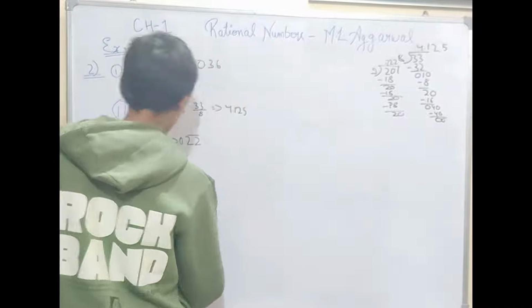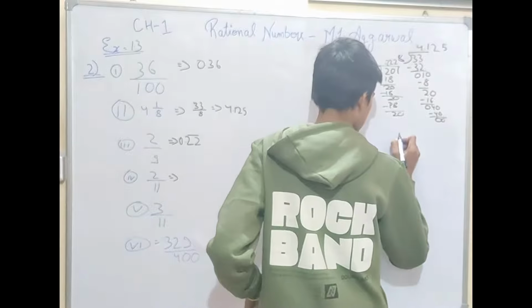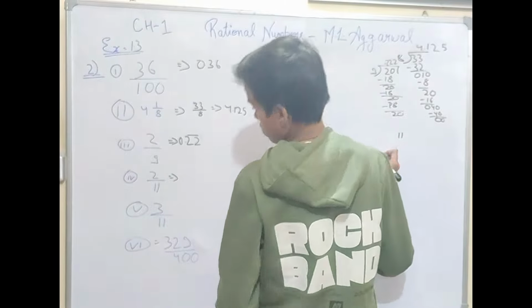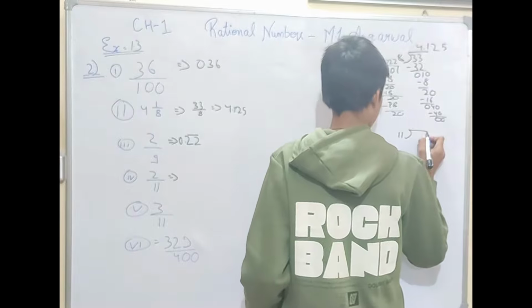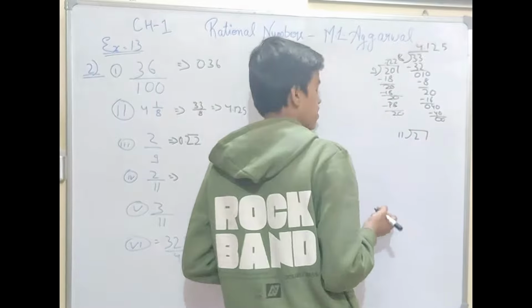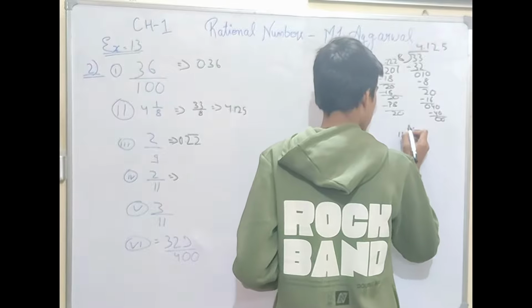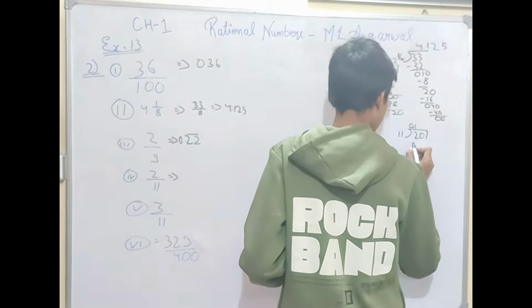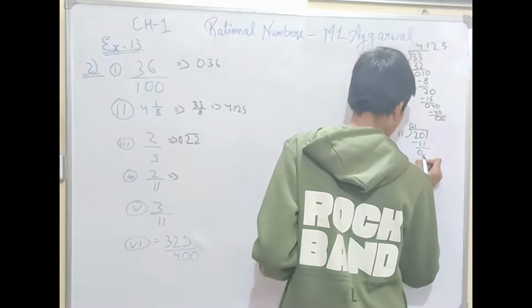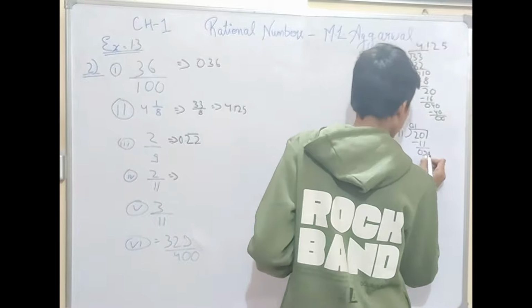Next is 2 upon 11. So 11 by 2. So first decimal 0. So it will be 20, then 1 minus 11, 0, 9. As it was decimal, so it will be 90.